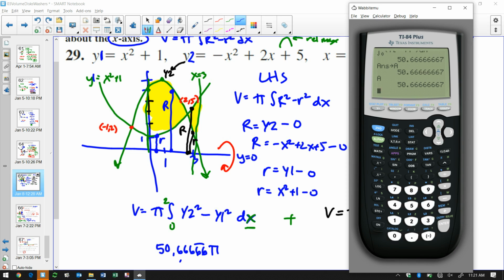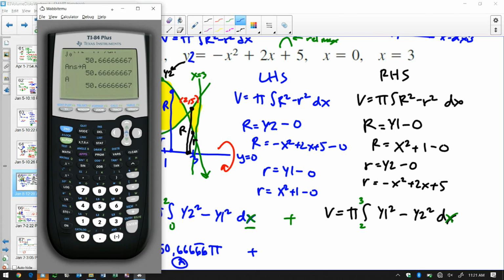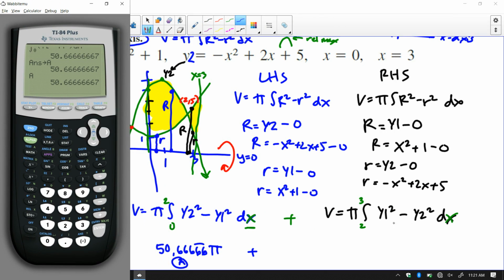So let me just put A right there because I've stowed it as A. I'm not stowing the pi, I'll just leave the pi there. I'm going to add this with the right side. This right volume is this integral right here times pi.